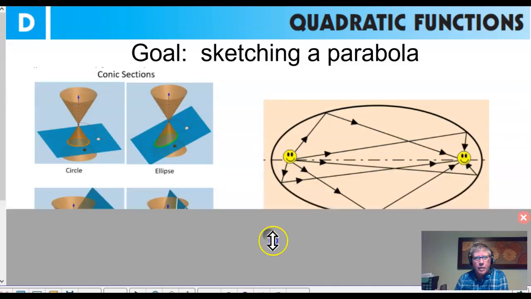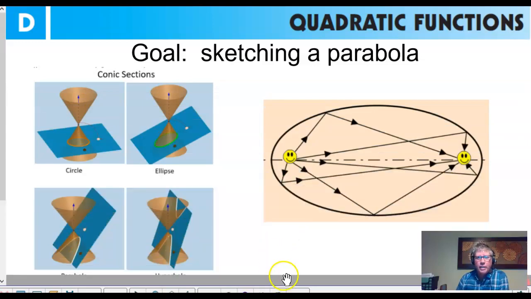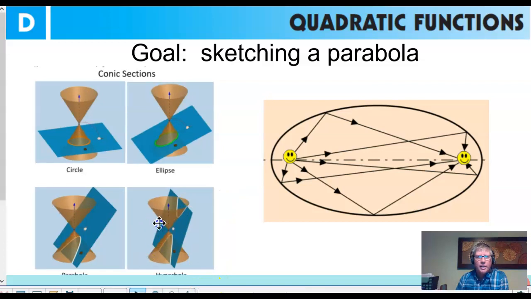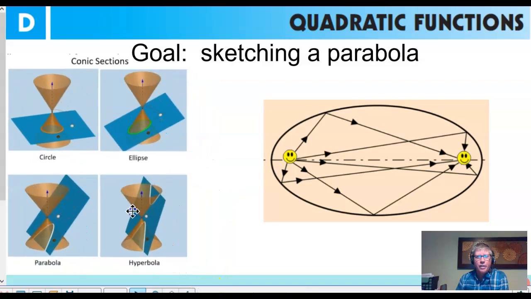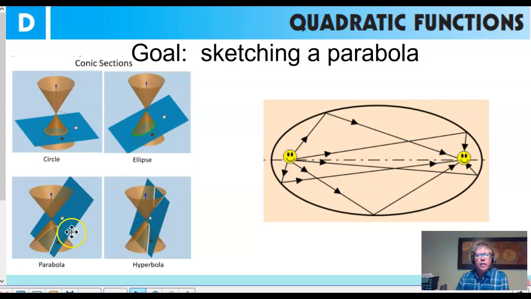A little backup, I want to talk to you real quick about this. I don't want you to ever not know that when we talk about a parabola, we're talking about this scenario right here, which is from a family of what we call conic sections. Believe it or not, you have this double cone, and how you cut it creates these intersections of the plane and the cone.